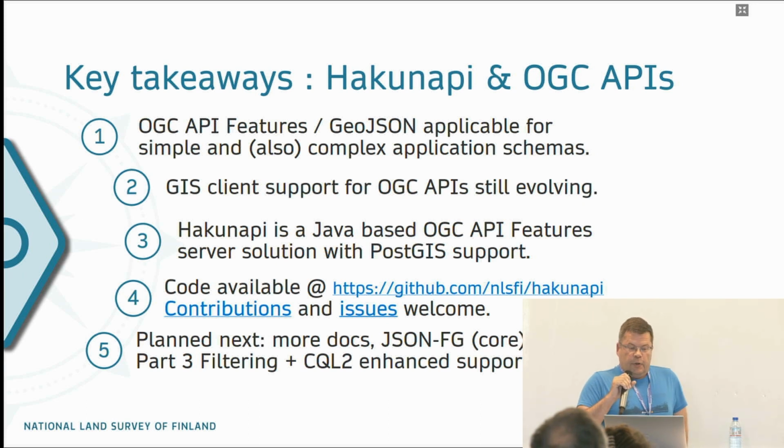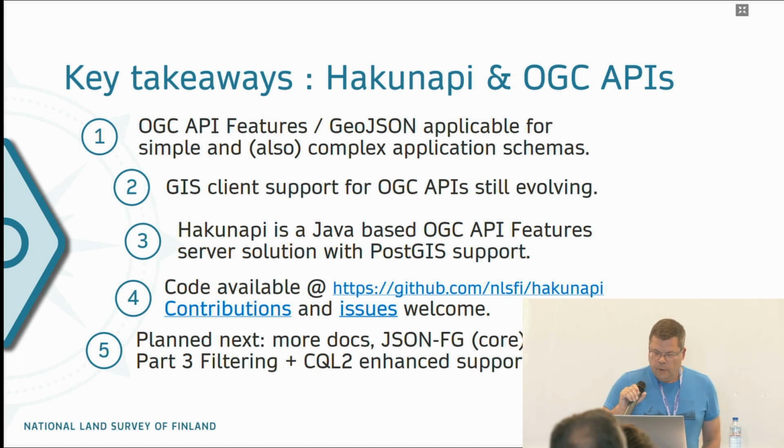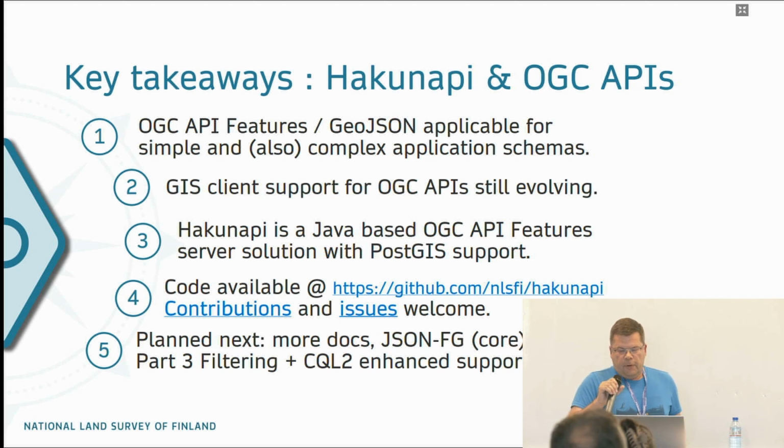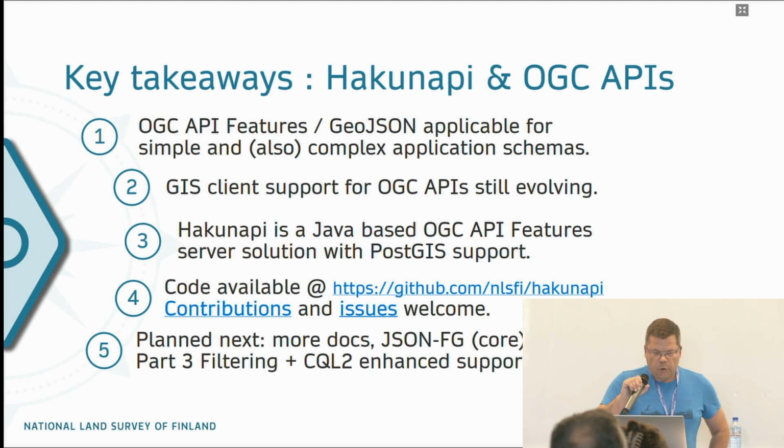This GitHub repository needs some more documentation, and secondly we are looking at the new JSON-FG standard, and hope to support at least its core conformance class. And OGC API Features part 3, which is still a draft standard, may also need some implementation in this Hakunapi solution when the standard is approved.